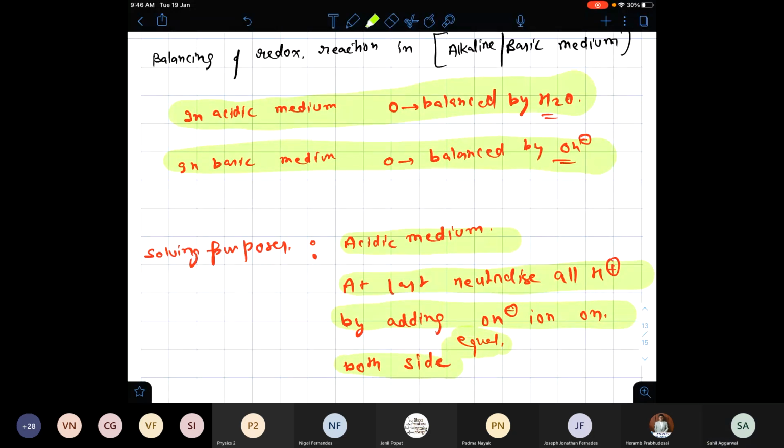So we will not do two methods. We will remember only one method, that is the acidic medium method. At last, whatever H plus we are left with, we will add an equal number of OH minus on both the sides and neutralize those H plus.